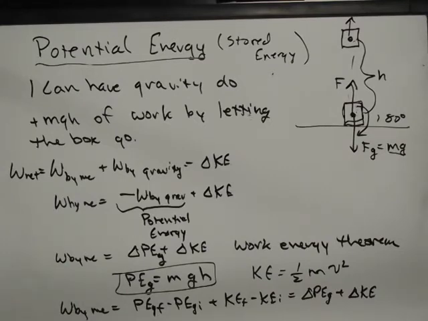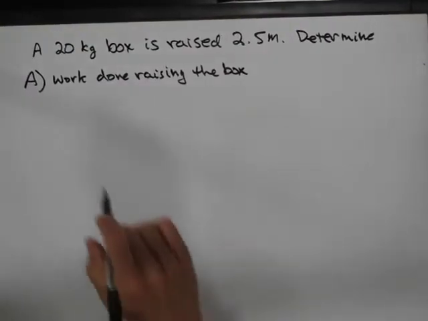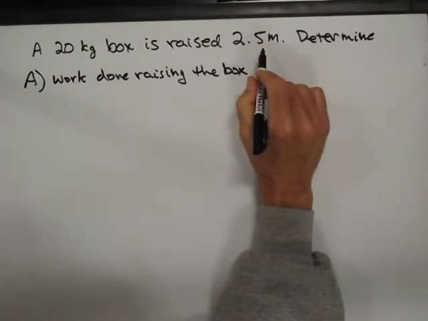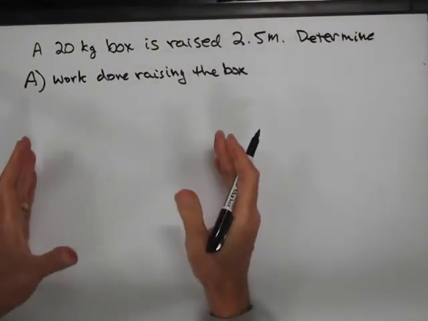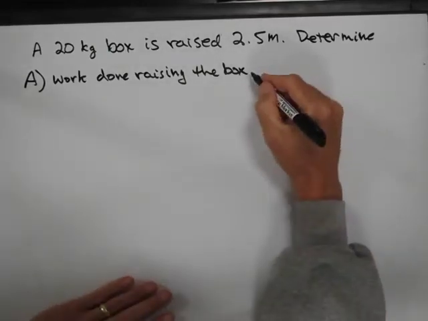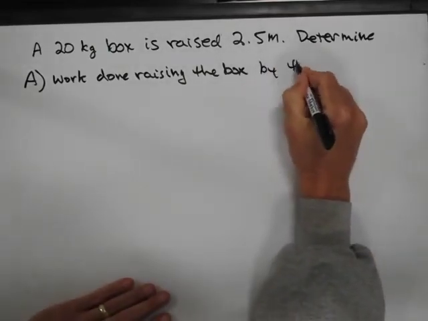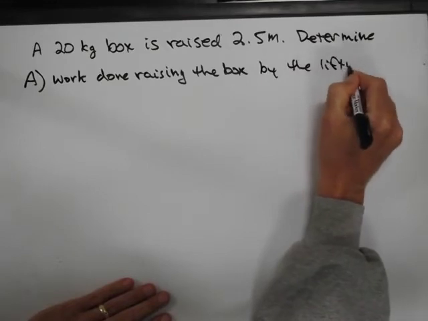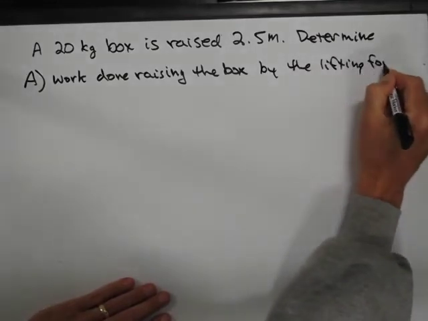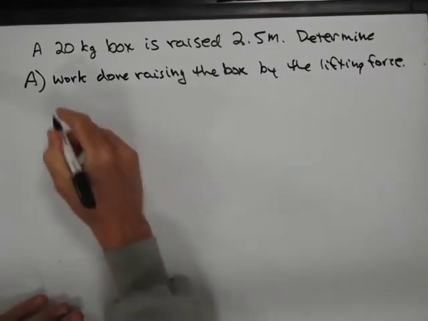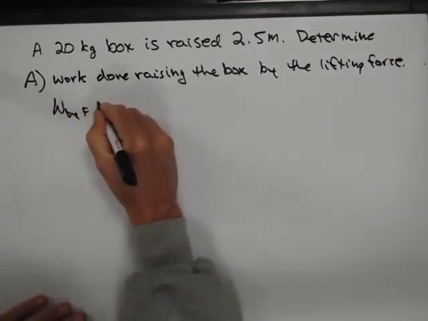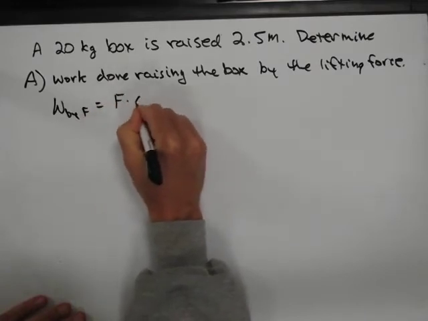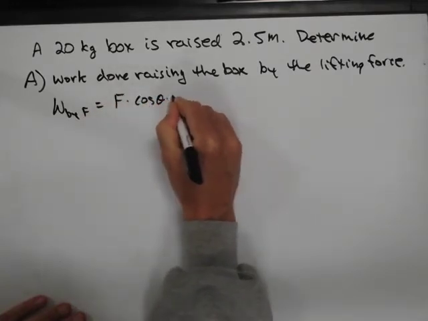So let me do an example. A box is raised to 2.5 meters, a 20 kilogram box. Determine the work done raising the box. So this is the force by the lifting force, right? And so the work done by the force is force times cosine theta times the height.